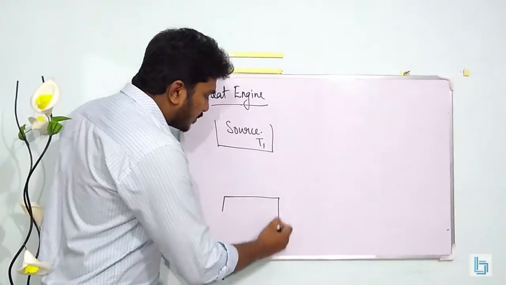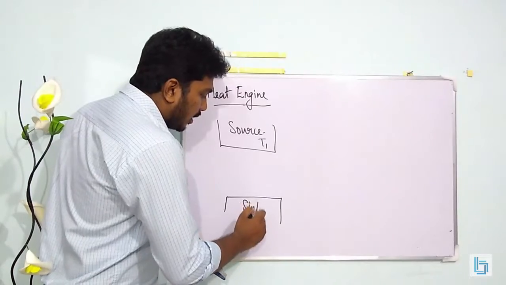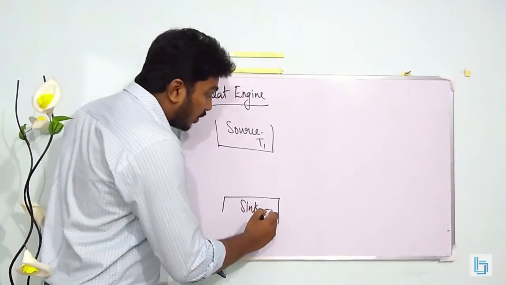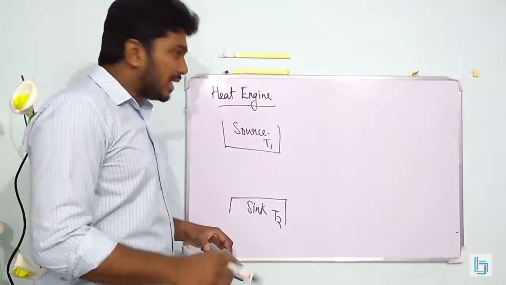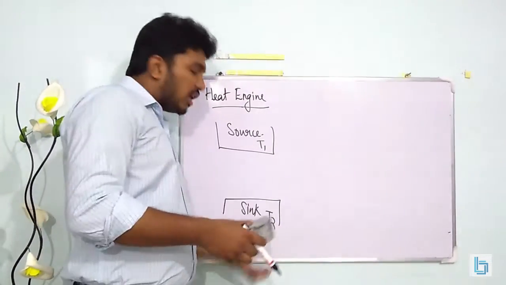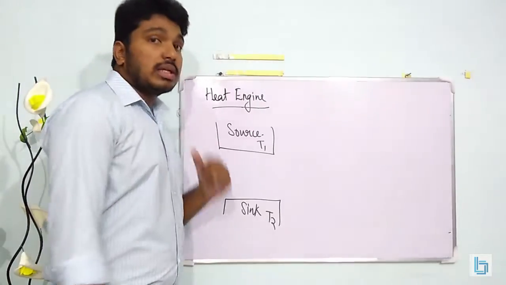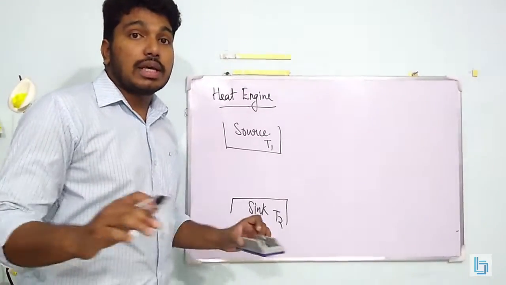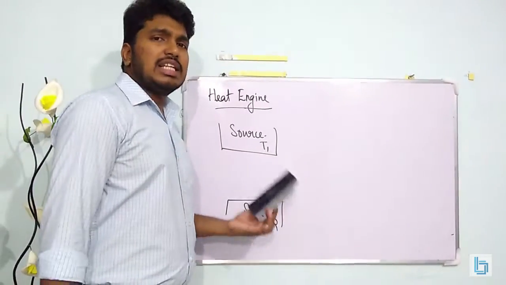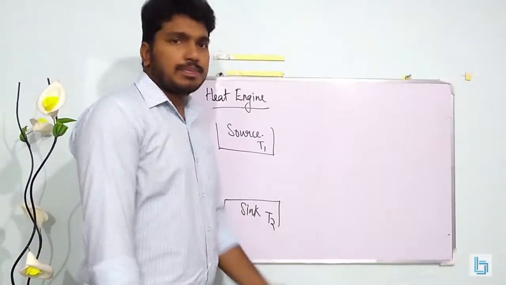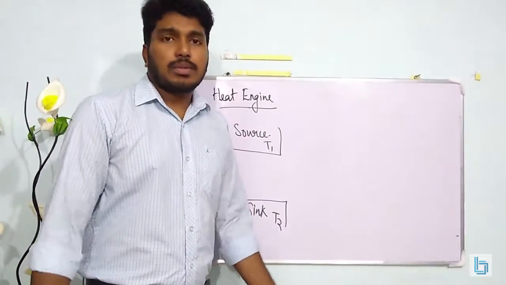And then we have something known as a sink. A sink is kept at a lower temperature, and it is capable of accepting everything that we throw into it. One more thing is there, something known as a working substance. In a heat engine, the working substance may be gas or steam or something.